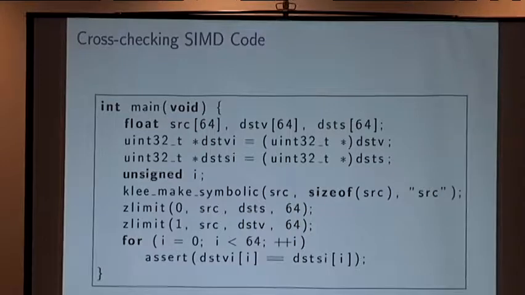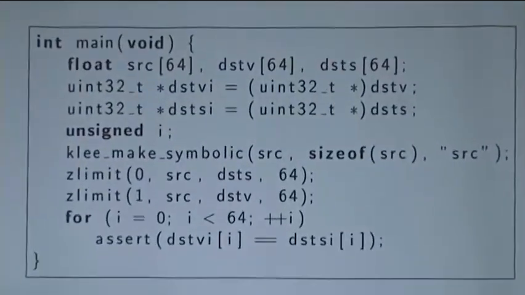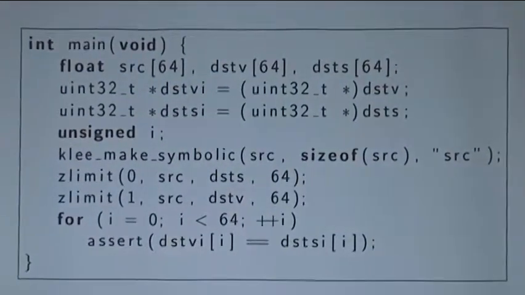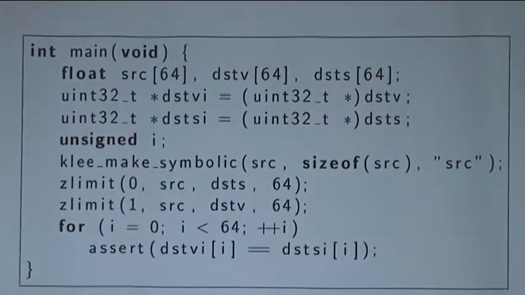The reason for this is that you can construct two floating point values for which the equality comparison returns false even if the two operands are equivalent, and that's the case where you have NaNs. So to make sure that doesn't happen, we just do a bitwise comparison.